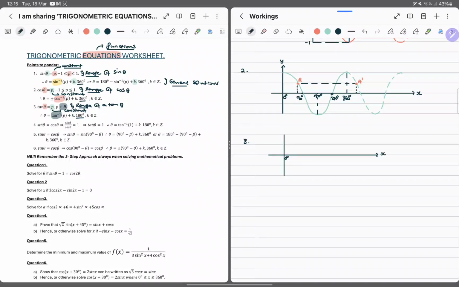Okay, so that's 0, the origin. We know that we will have an asymptote at 90. So this is something we need to know, standard stuff. And we will then complete a period at 180. And we continue. Okay, we will have another issue at 270 degrees if we're going for 360, so that we can do the things that we need.